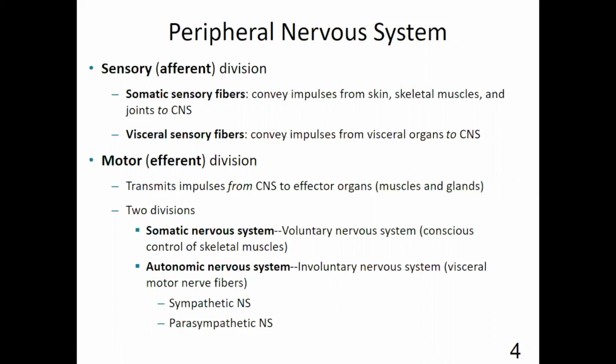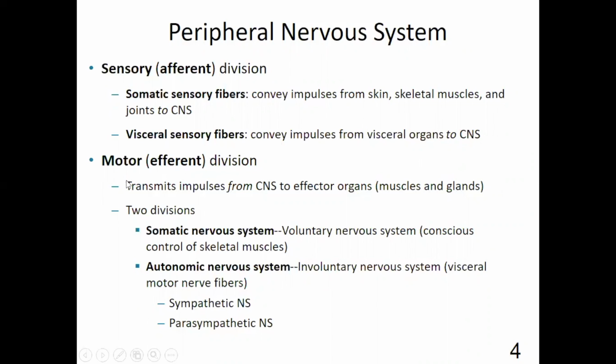We also have visceral sensory fibers that convey information from visceral organs. All of this information is being carried from the peripheral to the central nervous system.